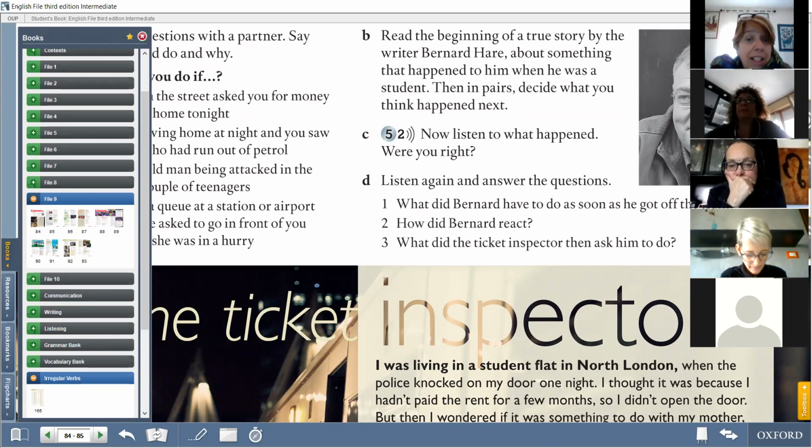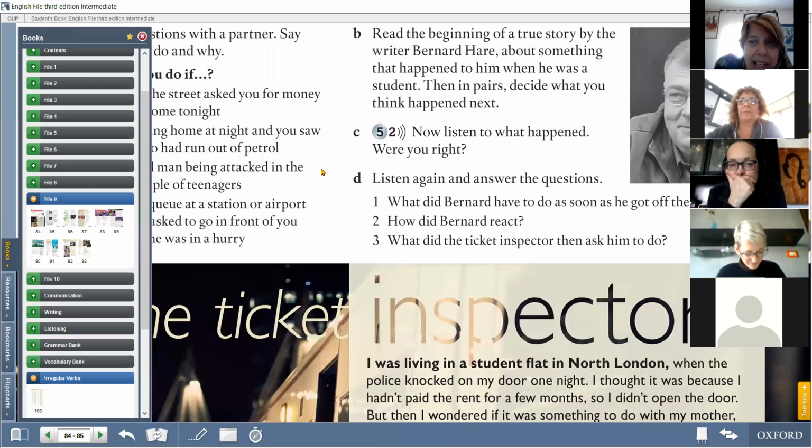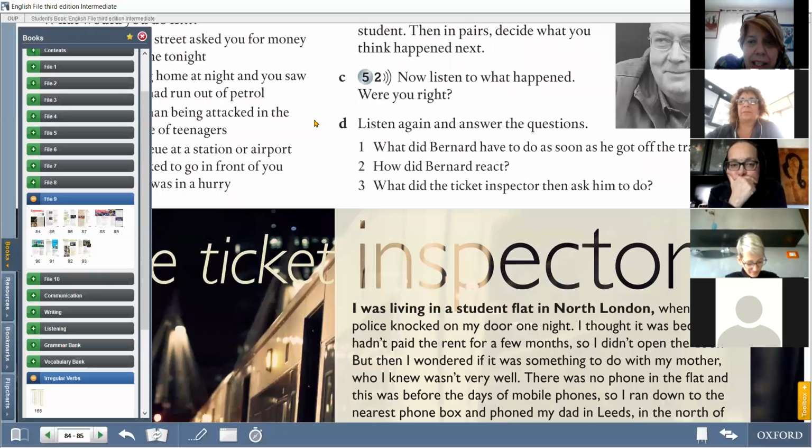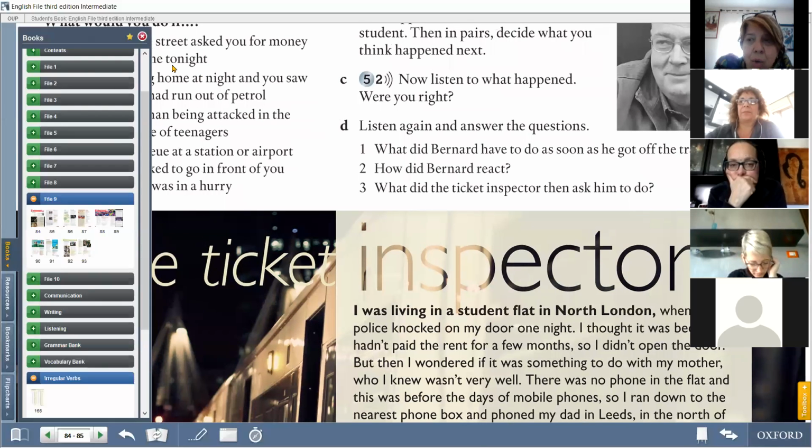And then what did the ticket inspector ask him to do? Don't thank him, but do the same for other people. Help other people in the future. Make the world a better place. A better place, yes, more or less. Now we can see if we can listen to it again by reading it.